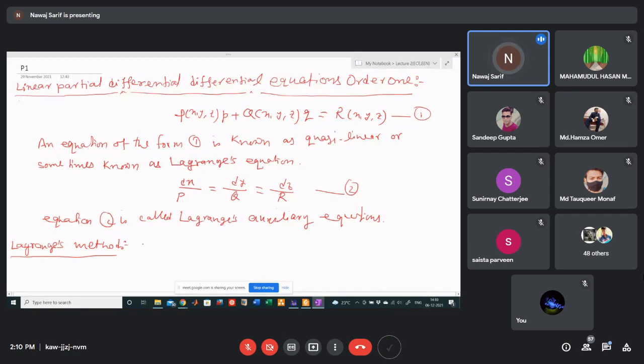The general solution of equation 1, Lagrange's equation 1, is phi of u comma v equals to 0.